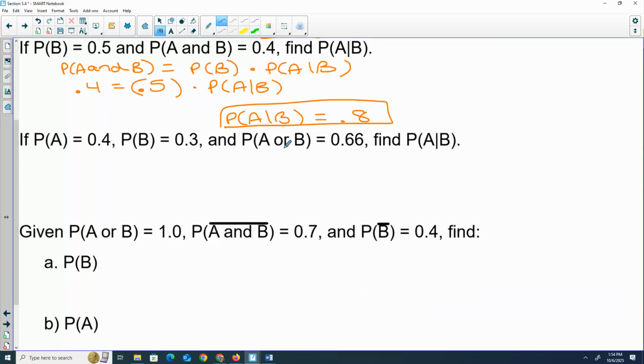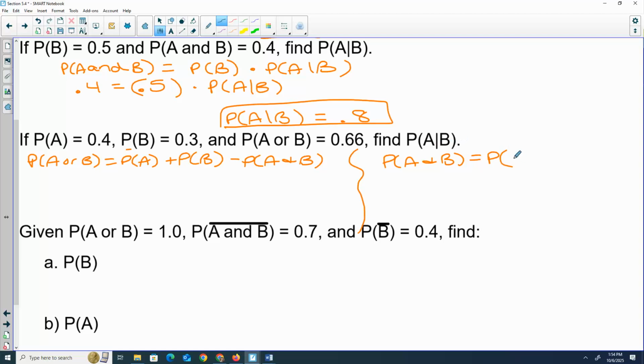All right. Look at our formula sheet. Do I have a formula that has all of this stuff in it? No. All right, my probability of A or B is probability of A plus probability of B minus probability of A and B. To find probability of A given B, that's the AND formula.